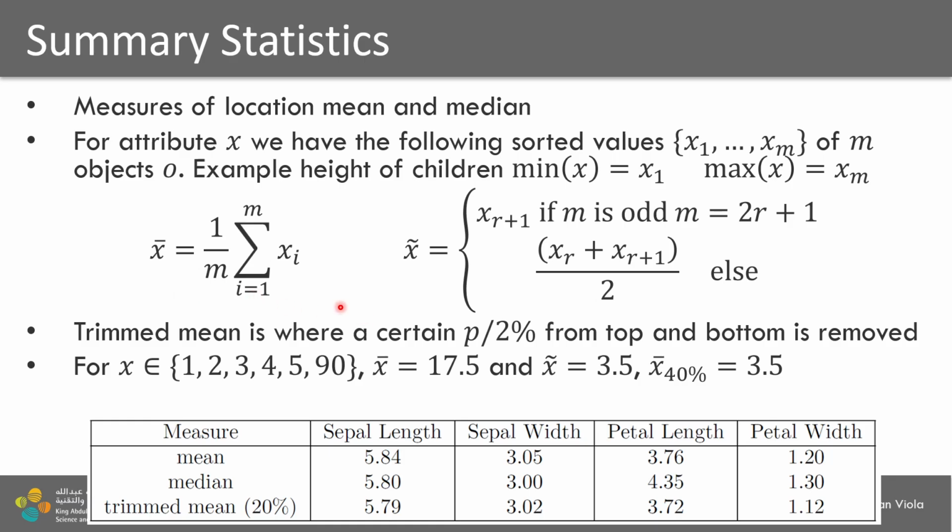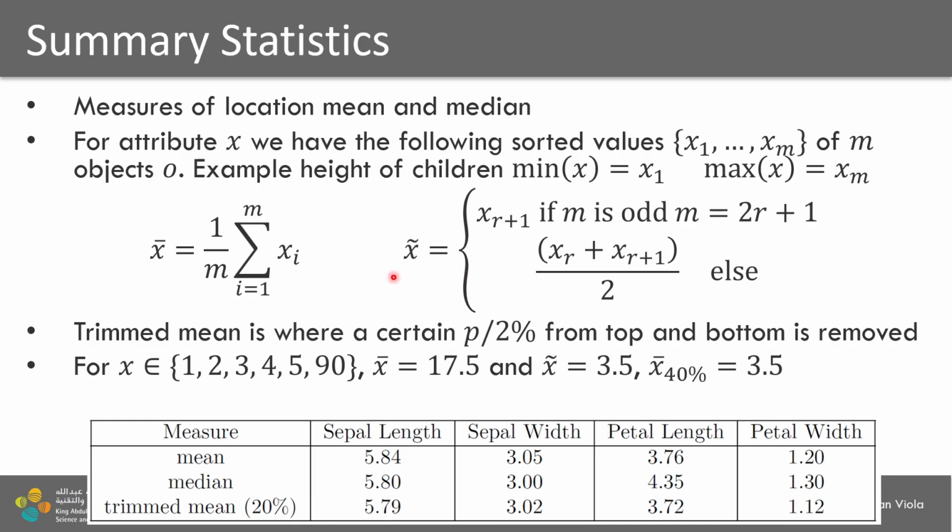The average of these attributes for these 4 data objects will be 96 divided by 4, which is 24, while clearly the 90 is an outlier, and it drags the mean away from all the other values, 1, 2, 3, very far away.